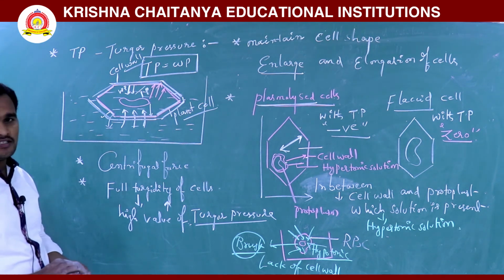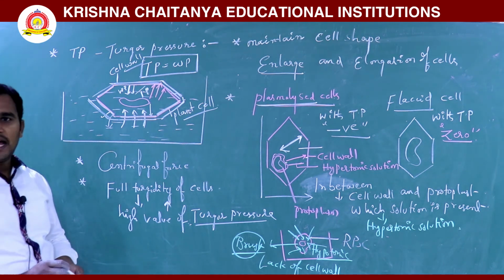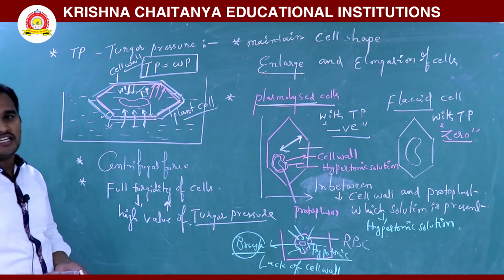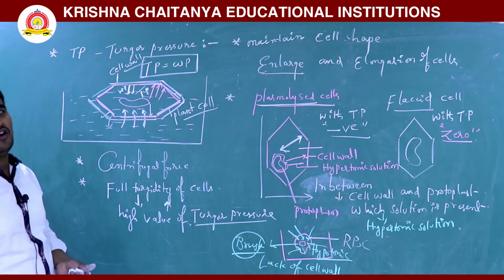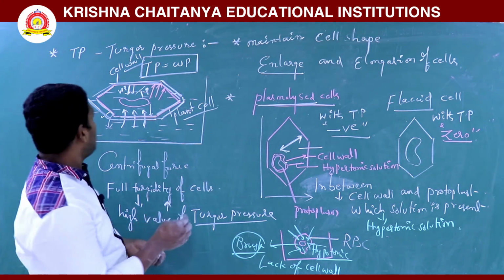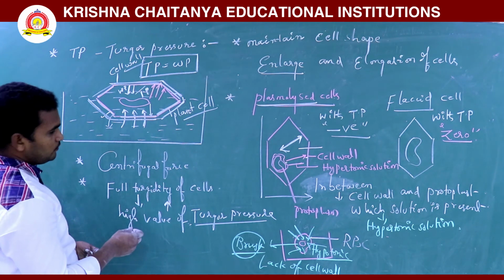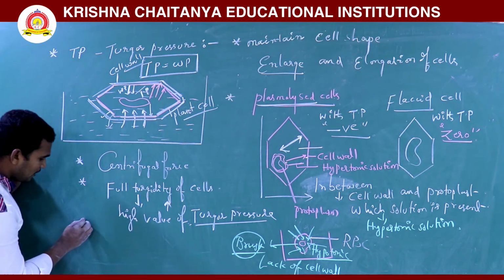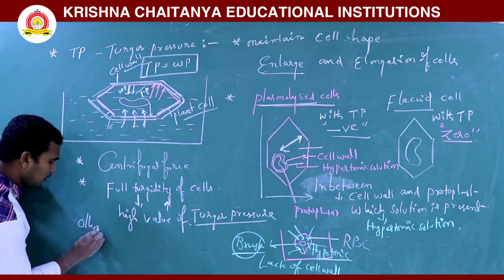Plant cells have a cell wall. Other than plant cells, which organisms have a cell wall?